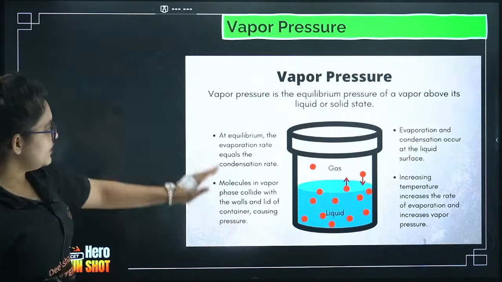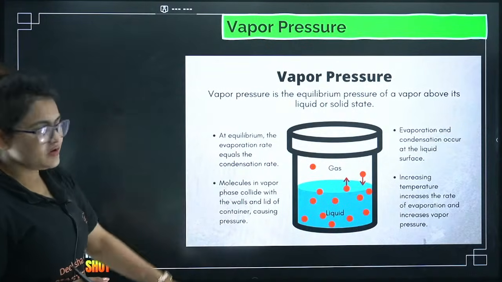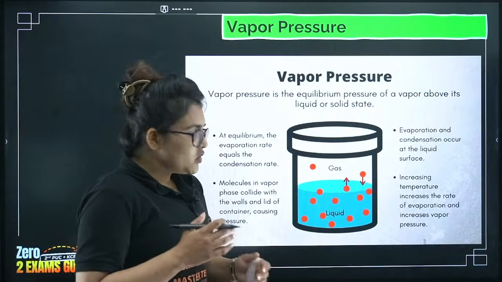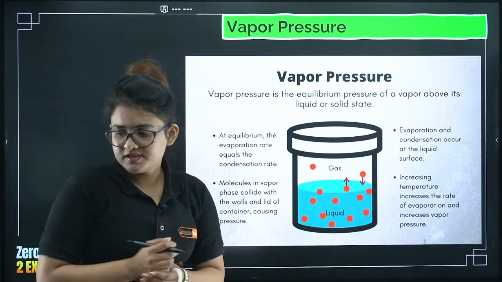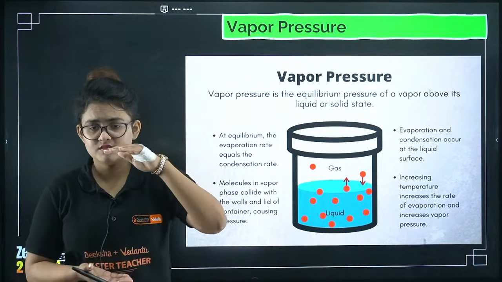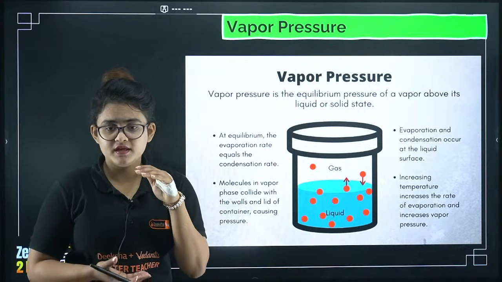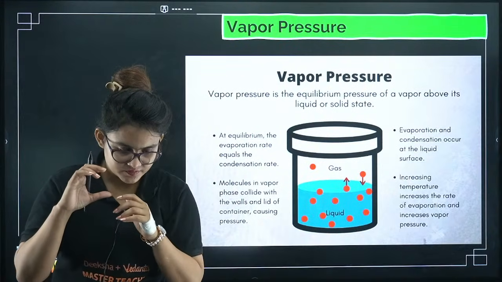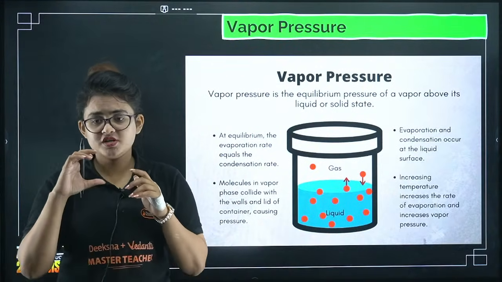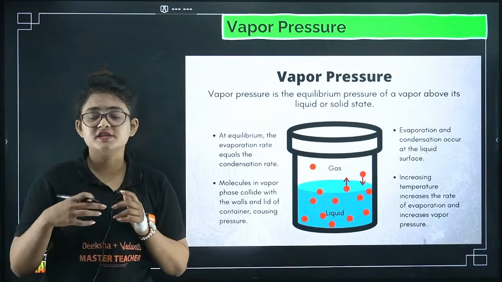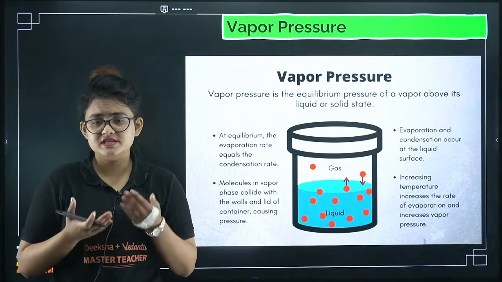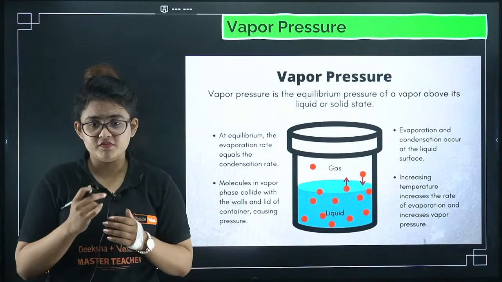Whenever we are discussing liquid and gas vapor pressure, they are always in an equilibrium state. If I take a bottle of water, let's say that a little portion above is empty. That empty portion is covered by the water vapor itself, and they are in constant equilibrium between the liquid and the vapor phase.